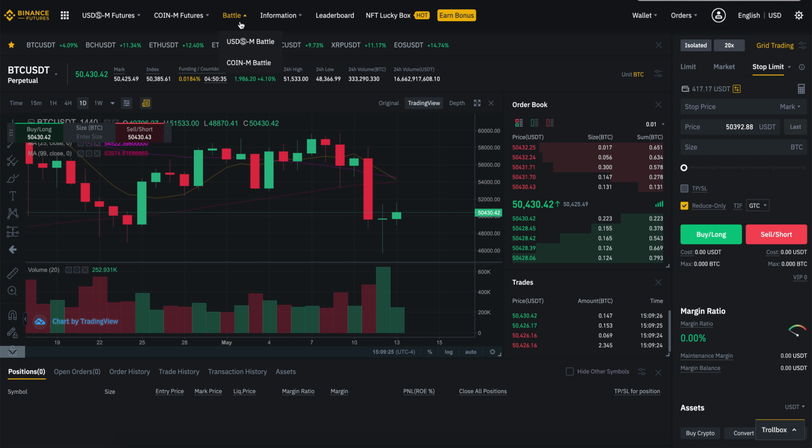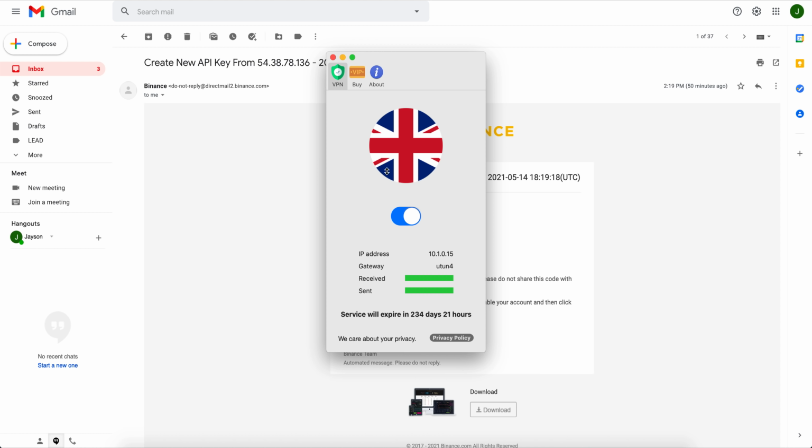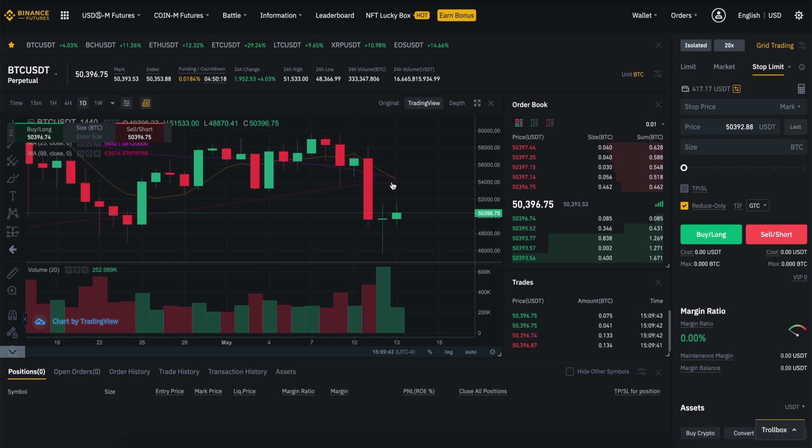So the first thing you need to do if you want to trade futures on Binance is you need to sign up for a Binance account. Now, if you live in an area where you need a VPN to do this, I recommend that you set it up so that you are in the United Kingdom. This is what somebody who is not me does, okay?